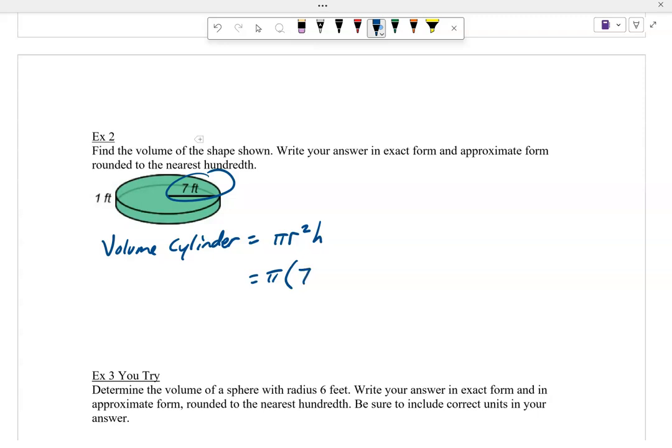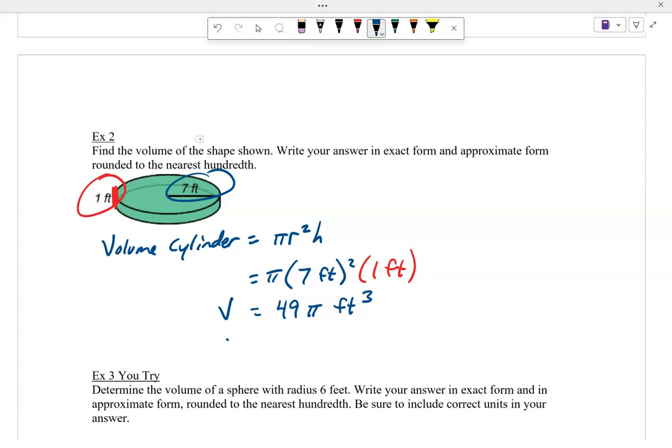So our radius here is 7 feet, squared, and then our height here is just a height of 1 foot. It's not very tall, it looks like. So we got pi, 7 times 7, 49 pi, 49 times 1 is 49, so I got 49 pi square feet times another set of feet is cubic feet. Remember, you're always in cubic units for volume. It's always your units cubed.